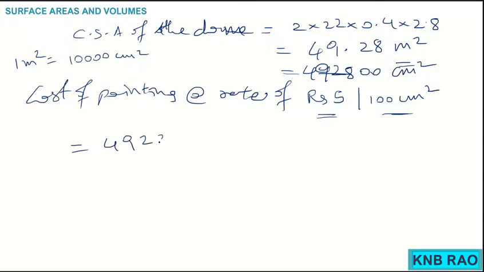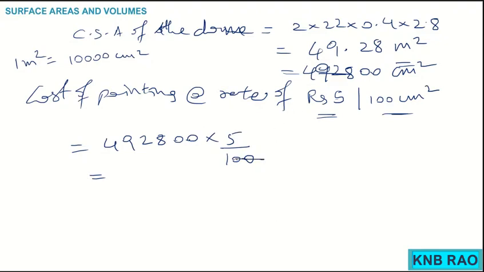So, 49, 28, 00 into 5 rupees. Here the point has shifted, okay, and divided by 100. Why? Because 5 by 100 is to be multiplied for each centimeter square.